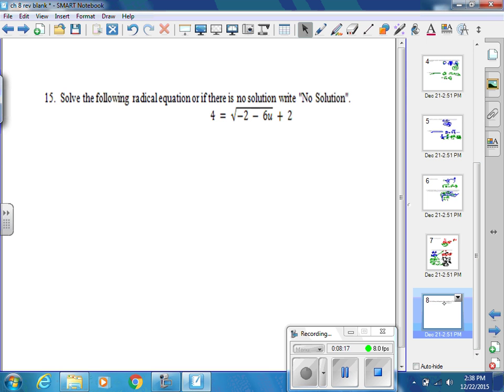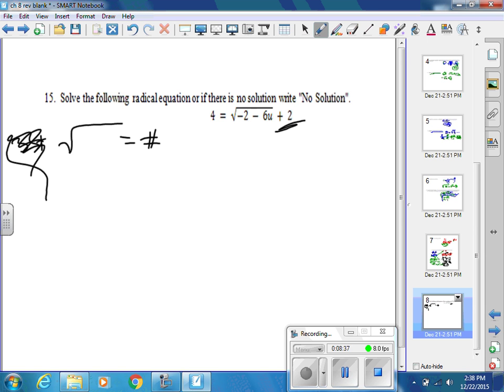Now, very last problem. It says solve the following radical equation, or if there's no solution, write no solution. So again, a very similar setup, except I notice this is not under the radical sign. You want this problem to start out as something under the radical equals a number. You don't want to have a plus 3 or some other stuff over there. You just want it to be radical equals number, then you can go ahead and start squaring your stuff, okay?